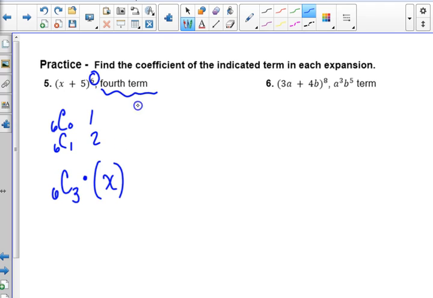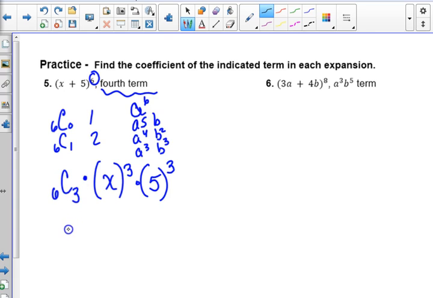The A term goes A to the 6th, A to the 5th, A to the 4th, A to the 3rd. Then the B term goes no B's, 1B, B squared, B to the 3rd. But what's B in our case? 5 to the 3rd.